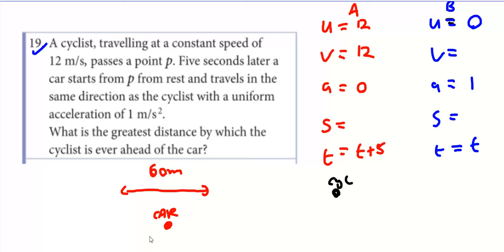When v equals 12 meters per second. Both the car and the cyclist are going 12 meters per second. This means that the cyclist is no longer extending its lead on the car. Anything after that, the car is going faster than the cyclist and will therefore close in. Everybody cool with that? All right.